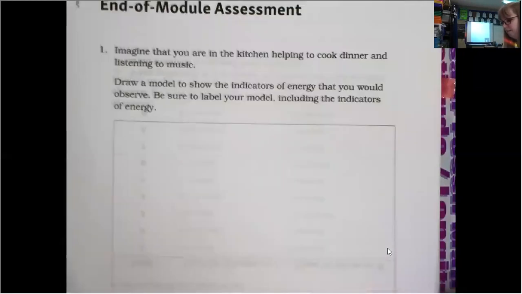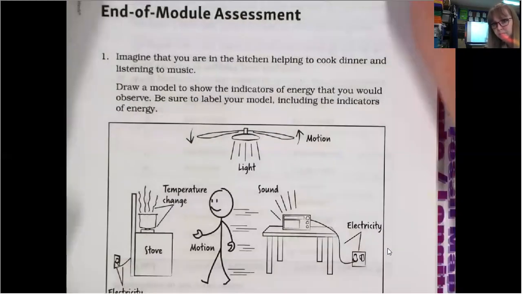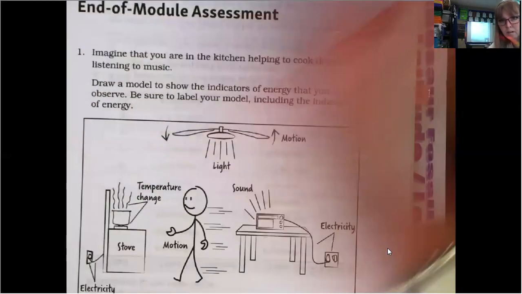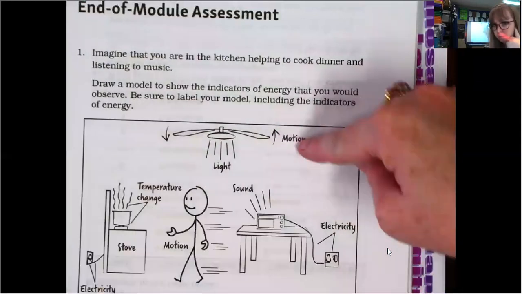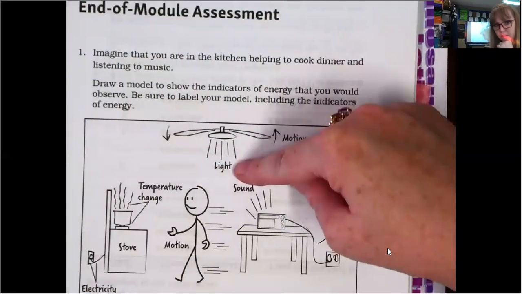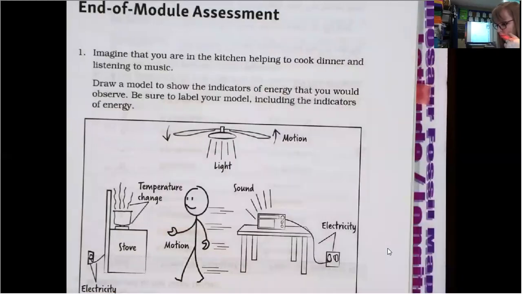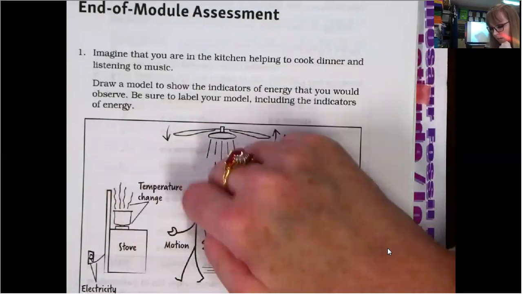Let me show you what they have in the book for theirs. They have a ceiling fan to show motion. They have arrows. They have light coming from the ceiling fan. They have a burner on the stove. This is to show heat, and it says temperature change.